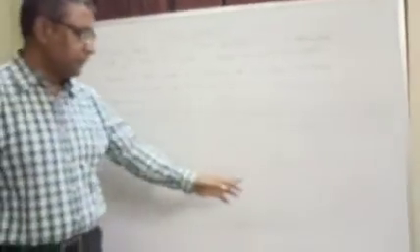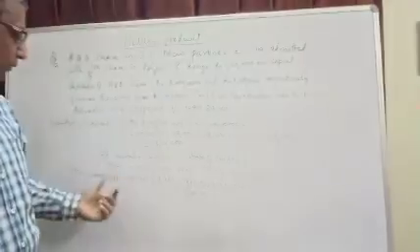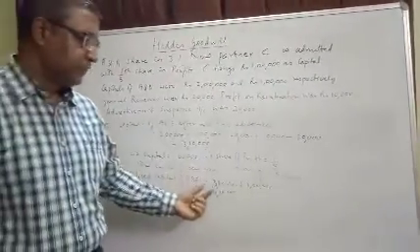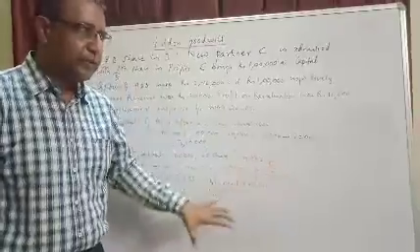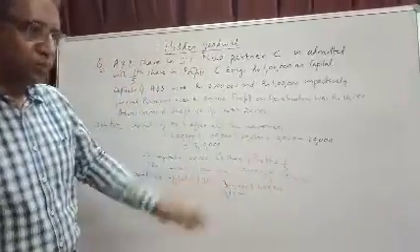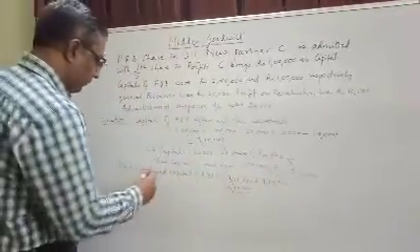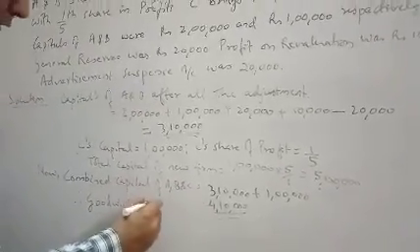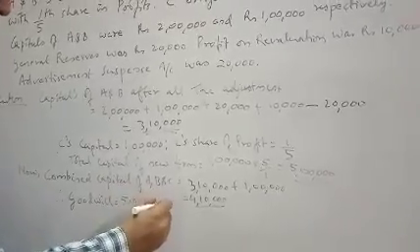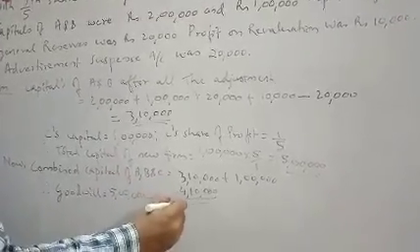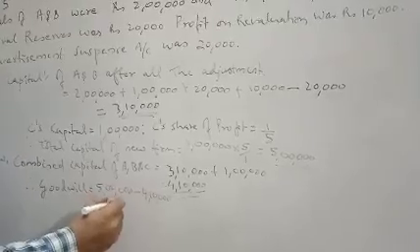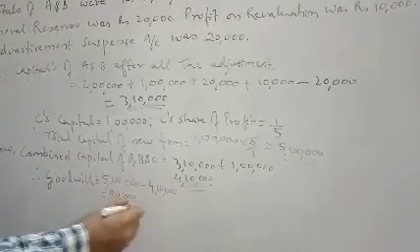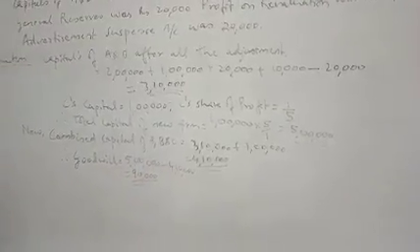So there is a difference between total capital of new firm and combined capital of A, B and C, and this difference is the goodwill. Therefore, goodwill is equal to 5 lakh minus 4 lakh 10,000, which is equal to 90,000. This is the amount of goodwill.